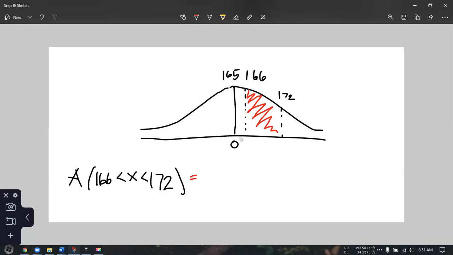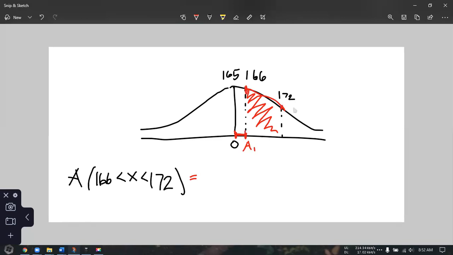Now, if the area from the mean, let's say I would use variables for these areas. If this is a sub 1, from 165 to 166 is a sub 1. And from 165 to 172, say a sub 2.